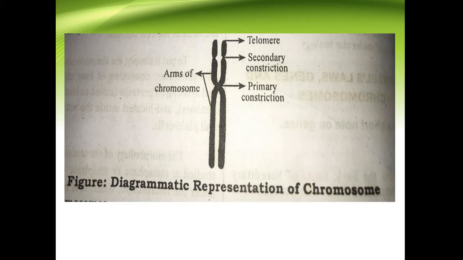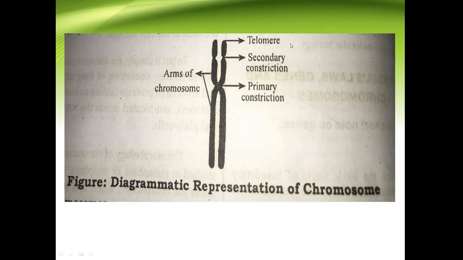So this is the diagrammatic representation of a chromosome. It has two arms, the P and Q arms. It has a primary constriction, which is a region of the chromosome. Secondary constriction is another region found at any point of the chromosome.